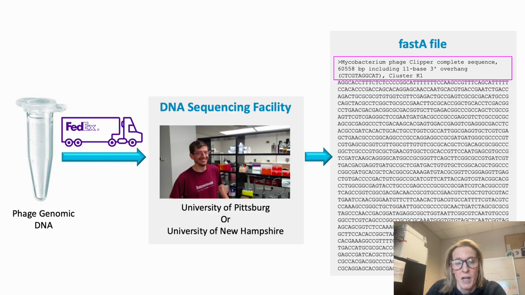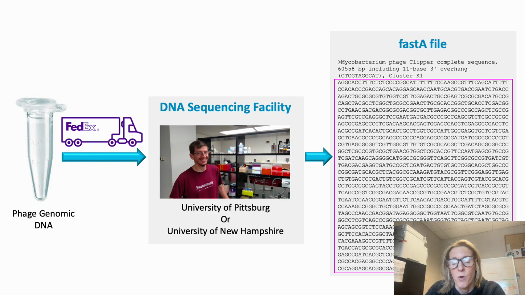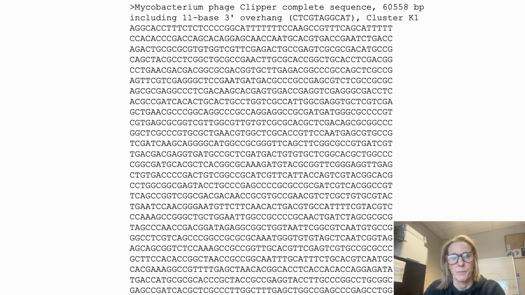There is a header line that begins with a greater than symbol, followed by information about the sequence in that FASTA file, such as the name of the phage and the cluster it belongs to. The lines that follow are single letter codes for the nucleotides that make up that DNA sequence.